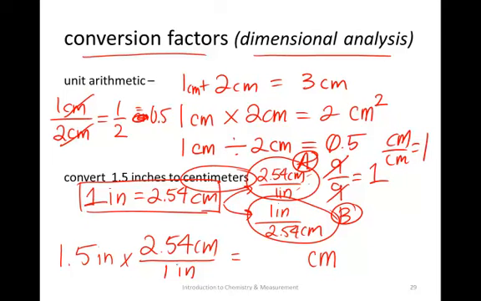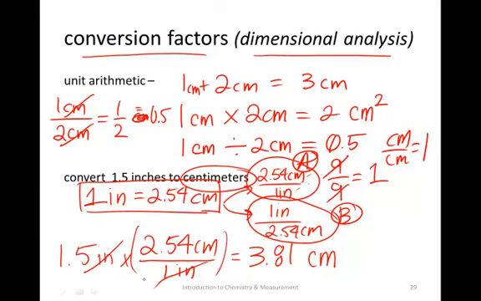Just like 9 over 9 cancels, 1 inch over 1 inch cancels out. So 1.5 times 2.54 centimeters equals 3.81 centimeters.